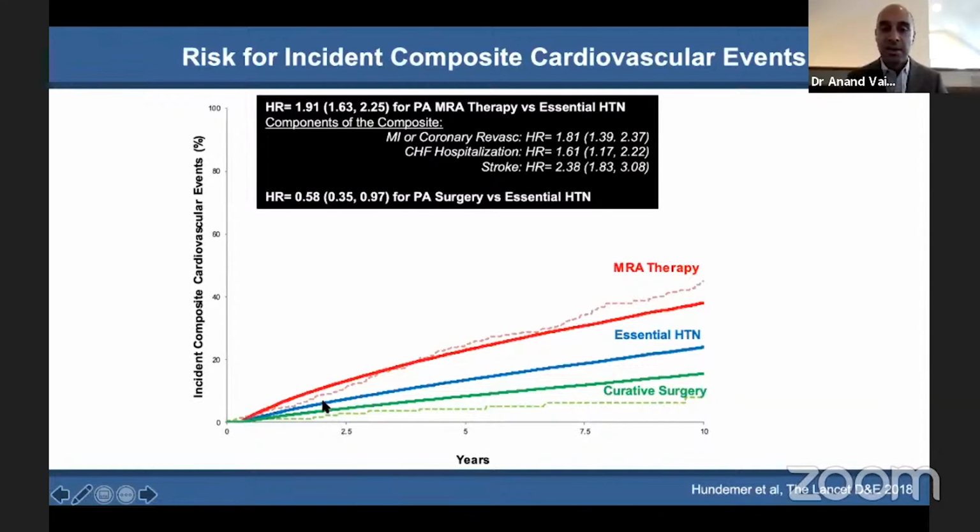And what you see is their longitudinal risk for cardiovascular events, heart attack, stroke, heart failure. You could see that surgery to cure the disease lowers this risk, but mineralocorticoid receptor antagonist therapy is associated with a higher risk than comparative essential hypertensives, even though their blood pressures were similar.